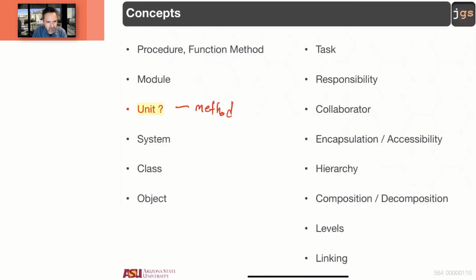What is the difference between a unit and a method? A method is, no, not yet. A single line of code is one step, one instruction. A unit. When you have a method, it is one method.